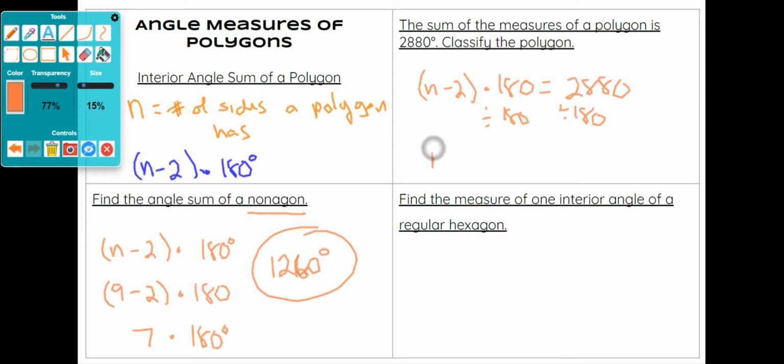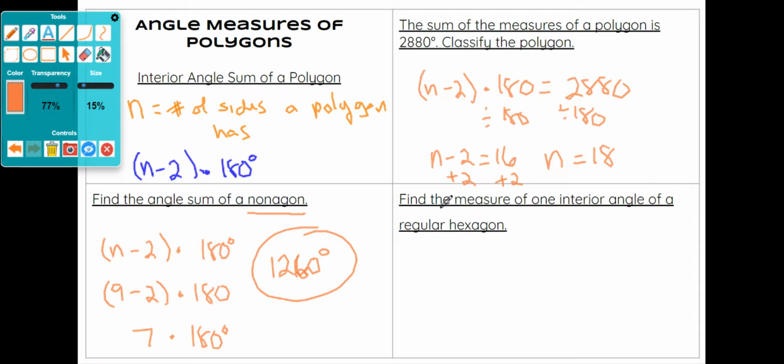So then we have n minus 2 equals 16. And when we solve for n, we add 2 to both sides. So it's an 18-sided polygon.